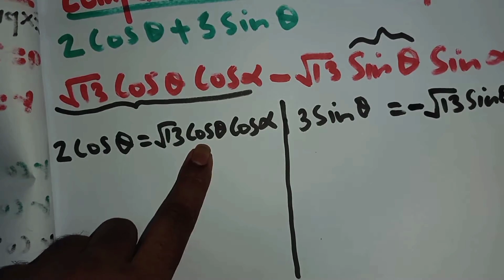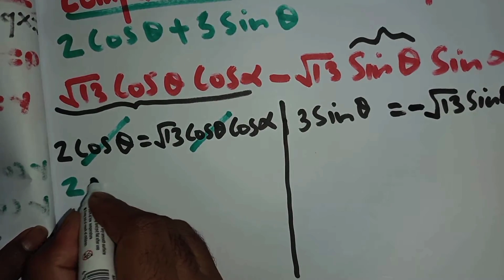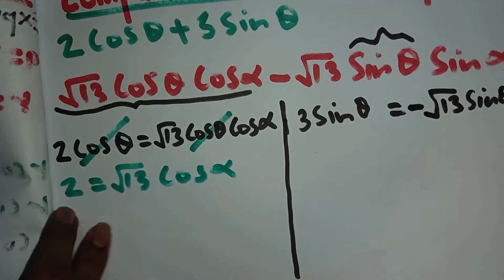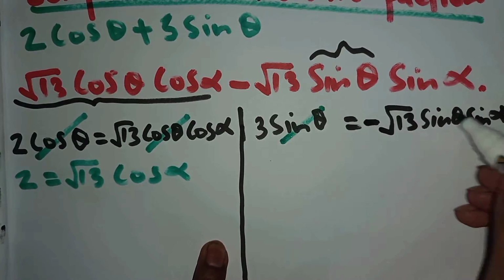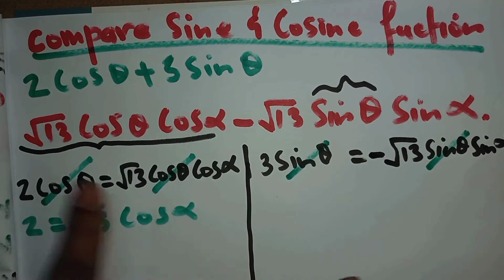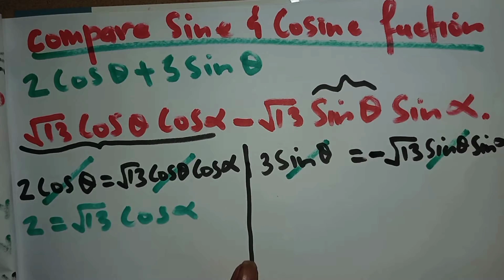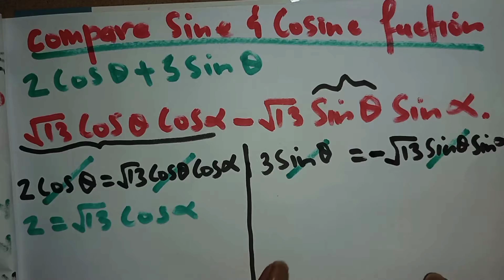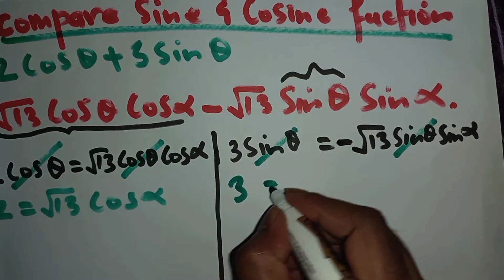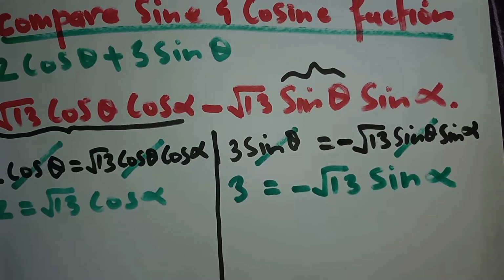We can see cos theta and cos theta are common here, so we can cancel these two, right? We are left with 2 is equal to root 13 cos alpha, and this side we can cancel the sine theta and the sine theta. That is why we are comparing. That is our main goal, to compare, so that we can cancel out cos from here and sine from here, right? So sine and sine cancels here. We are left with 3 is equal to negative root 13 sine of alpha.